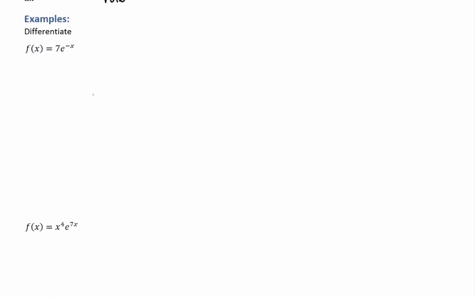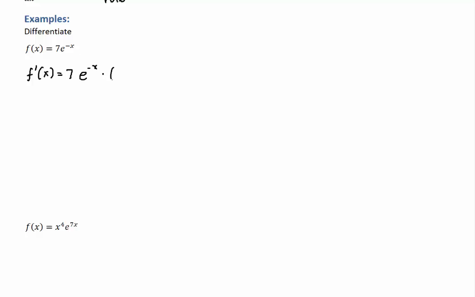So let's calculate a few examples, and here we would have the derivative of f is going to be equal to, well, 7, just copy it. The derivative of the exponential, you copy the exponential, and then multiply times the derivative of the exponent.